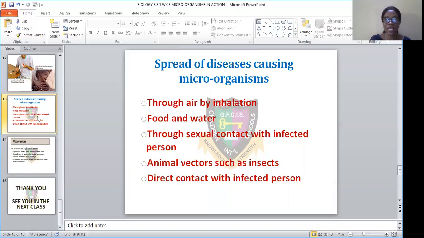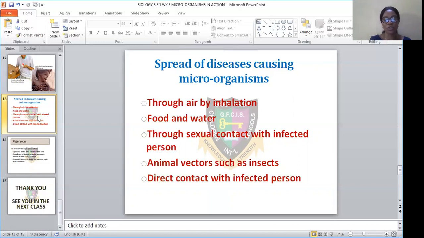Diseases like HIV/AIDS, syphilis, gonorrhea fall in this category. Once you have sexual intercourse with an infected person, then it means that person too has carried the infection. Another way of spreading microorganisms that are causing diseases is through animal vectors like insects. An example of an insect vector is the mosquito in malaria.